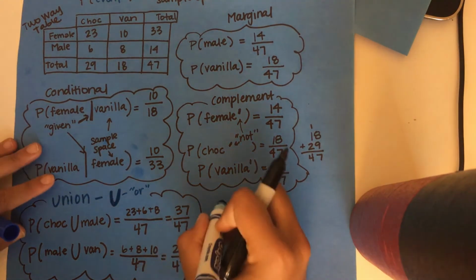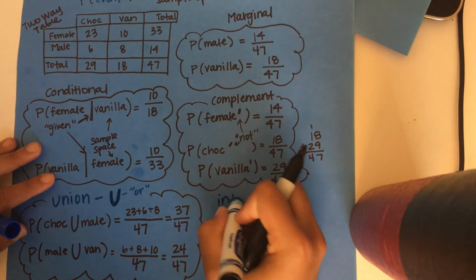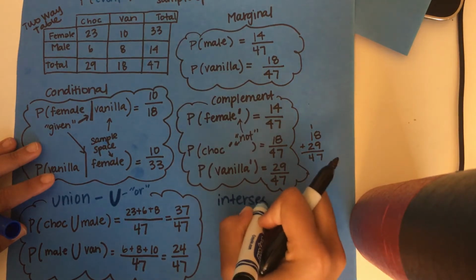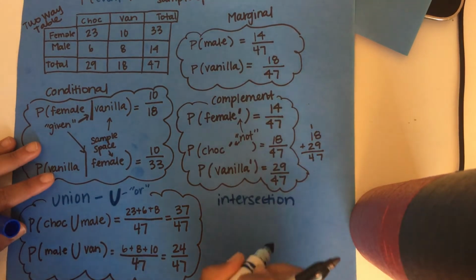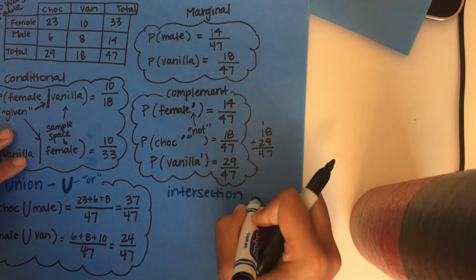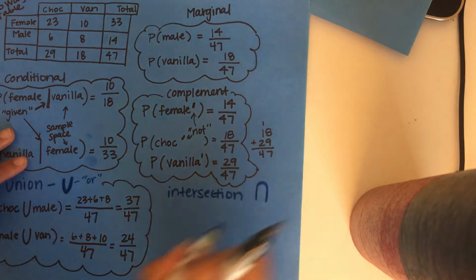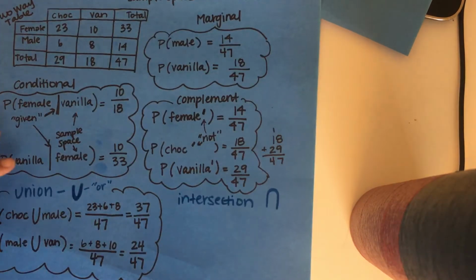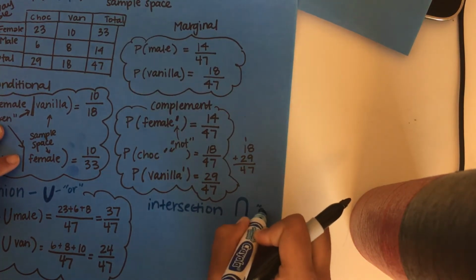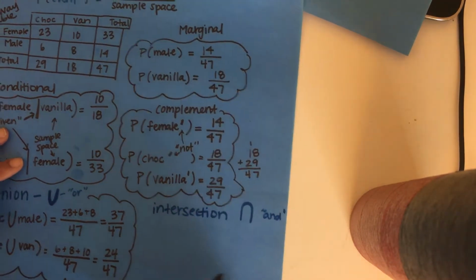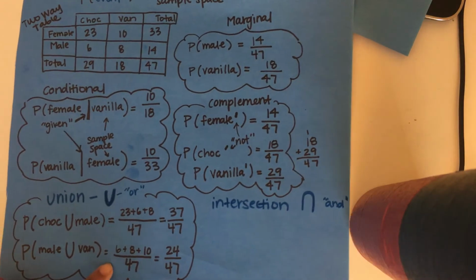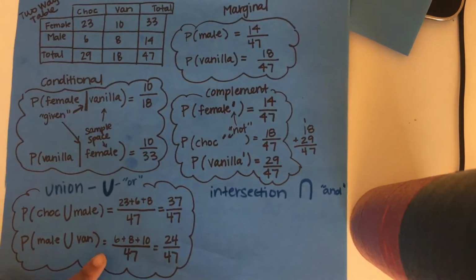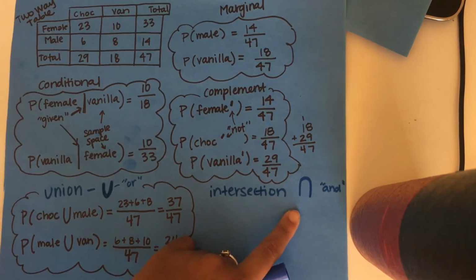And our last probability statement that we have learned about involves an intersection. And here's its notation, a big N. And this N stands for and. Now I know I was saying and back here a little bit, but I didn't mean that because this type of notation indicates and.